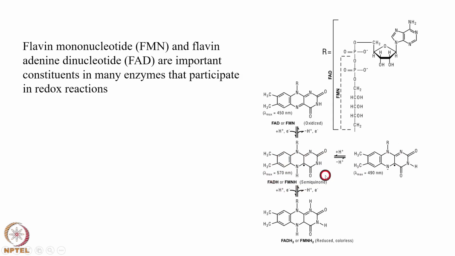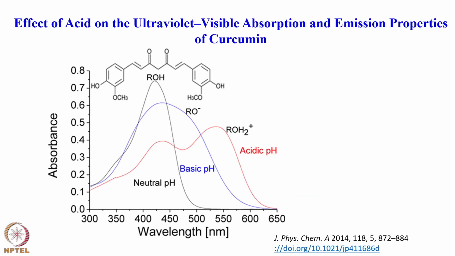So, their absorption maxima change, this is 570, this is 490, right. And here is 450. So, many such oxidation state changes of these molecules can be monitored by the simple UV visible spectrum. Now, how does the effect of acid change the UV visible spectrum emission property.